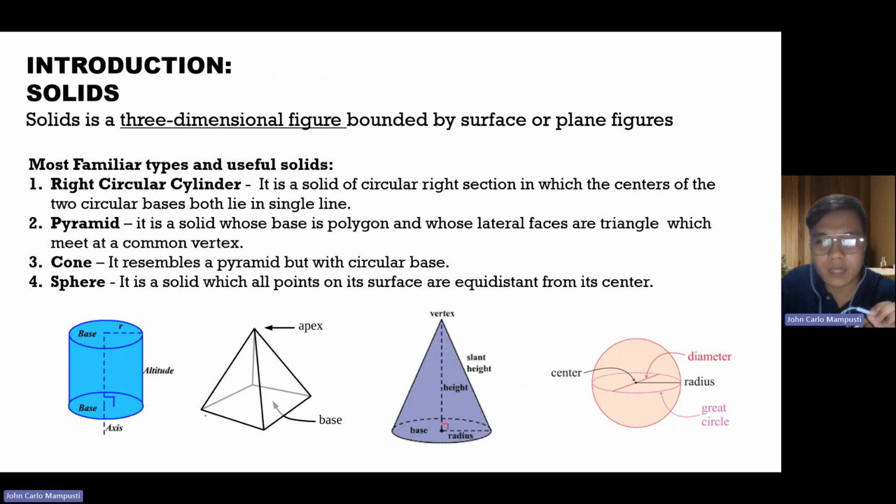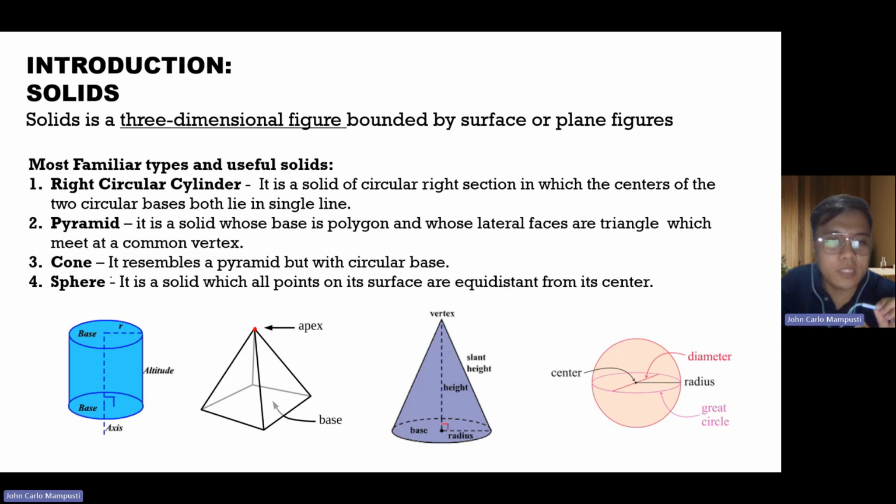Pwedeng iba't ibang klase ng polygon, let's say hexagon, heptagon, octagon, and so on. Basta, yung kanilang lateral faces are triangles and meet at a common point. We have the vertex or the apex.